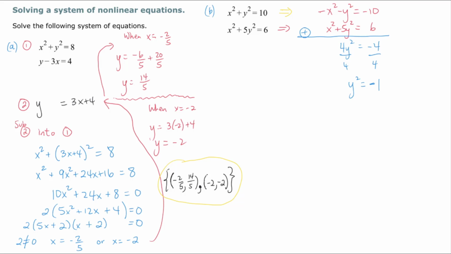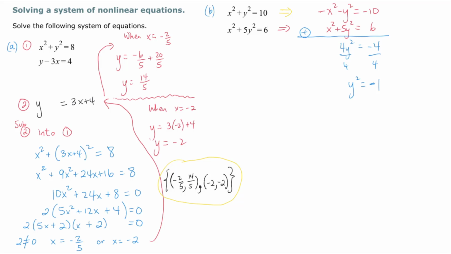Uh-oh. Well, guess what? We're trying to keep these solutions in the Cartesian plane, or in the real number two-dimensional system. Remember your axes that you're looking at, these are in the xy plane if you were to graph these. So right now we have 4y squared is equal to negative 4. Well, that is bogus.